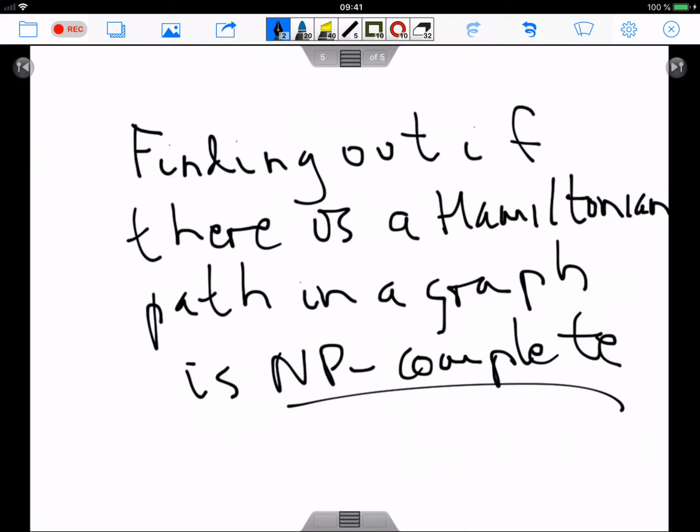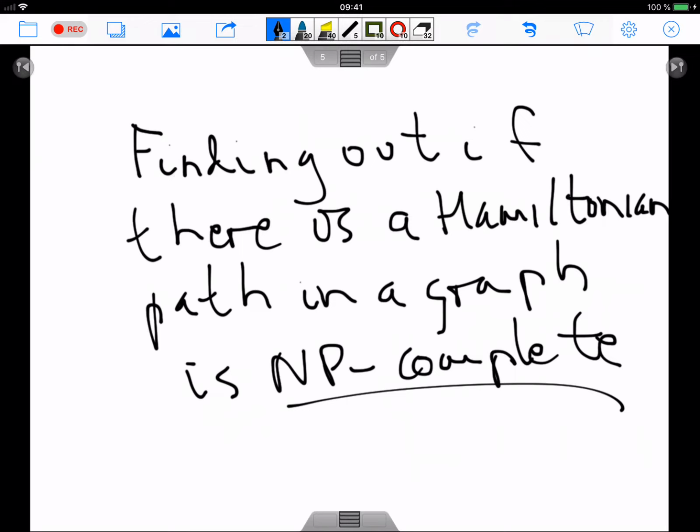So we strongly believe that there is no algorithm that can solve this problem quickly. So what I want you to remember of all this is that NP-complete problems, like the Hamiltonian path problem, are problems that we strongly suspect cannot be solved quickly.